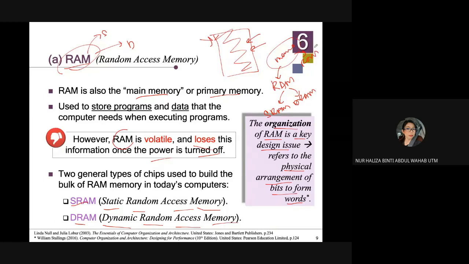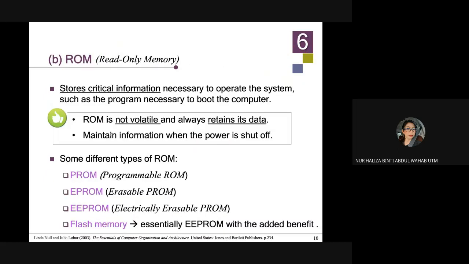Now let's take a look at what is inside our ROM. Are we going to have several others? Same goes for RAM. Okay, now ROM is read-only memory. It stores critical information necessary to operate the system, such as the program necessary to boot the computer.